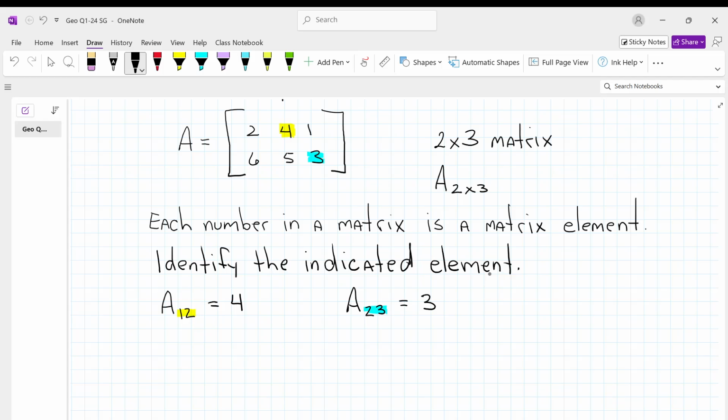When you're asked to identify the indicated element, you're finding a number value located in the matrix based on the subscript. So if we had element 2, 1, that is row 2, position 1, that would be a 6. Everybody okay with that?